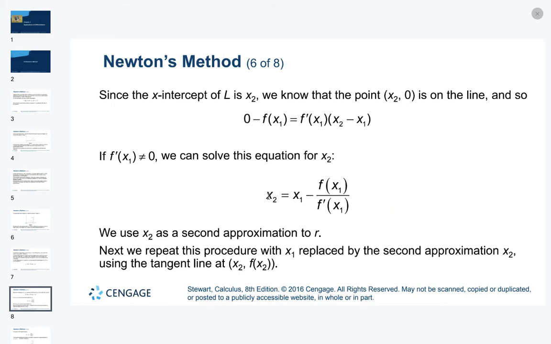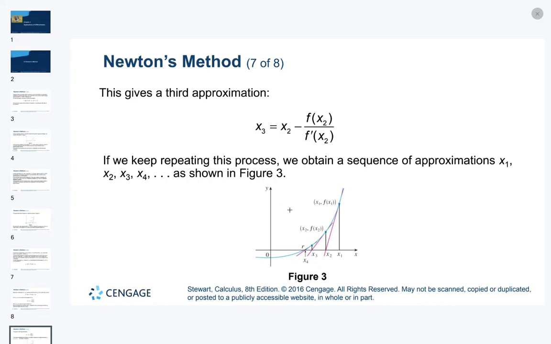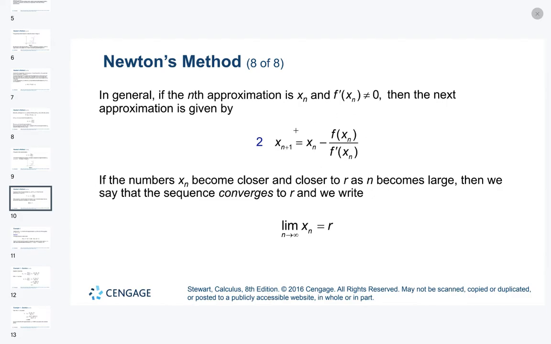Now x2 is a better approximation. It is called the second approximation. You repeat the procedure with x2 as your approximation using the tangent line at x2, f of x2. With x1 you got a tangent line whose x-intercept is x2. With x2 you get another tangent line whose x-intercept is x3. Notice you are getting closer and closer to R. In general the formula is given by this.